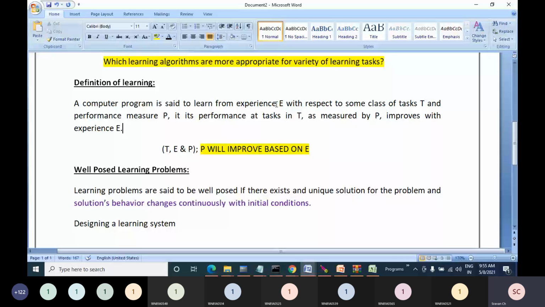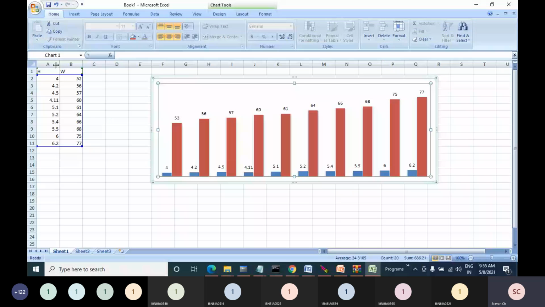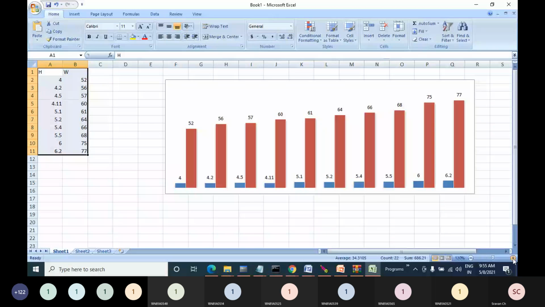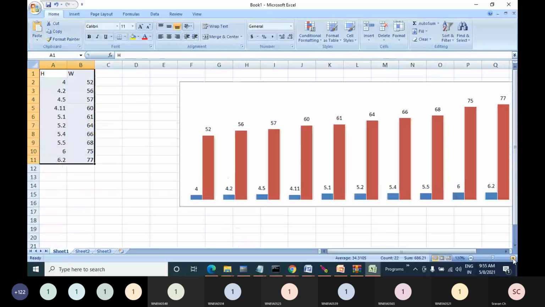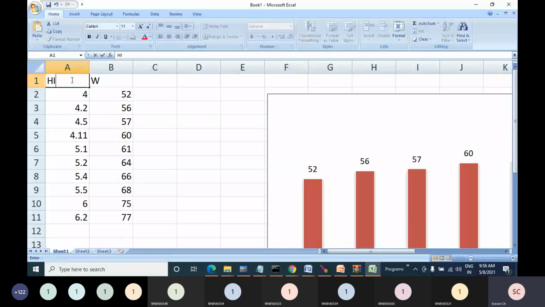Friends, look at this example. Please look at this example which I am showing. Just imagine this is heights, and this is weights, right?